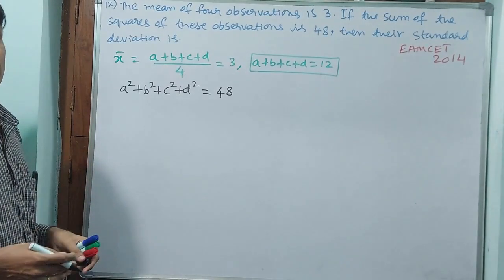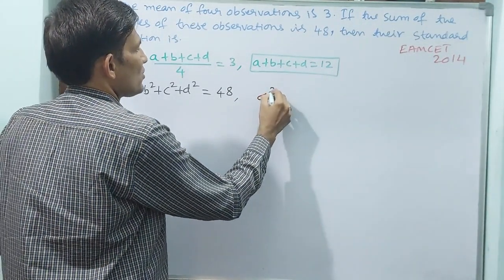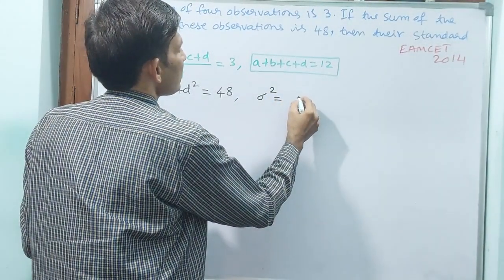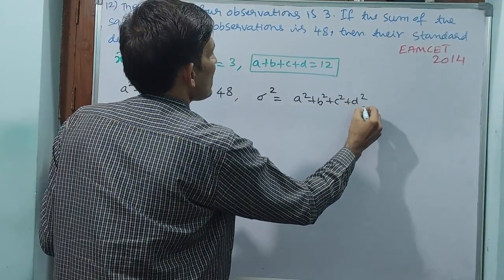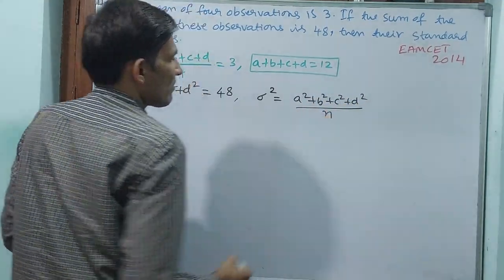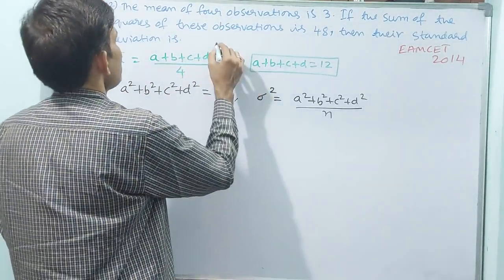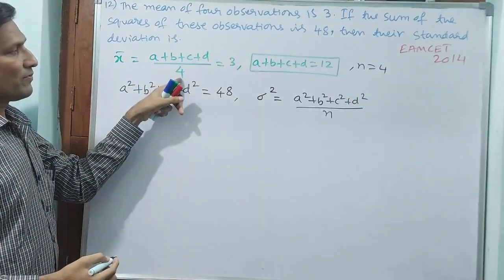How are we going to calculate variance? Okay, I am writing this. Sigma square, variance, is equal to a square plus b square plus c square plus d square divided by n. See, n is 4 here, 4 observations. I will write here n is equal to 4.